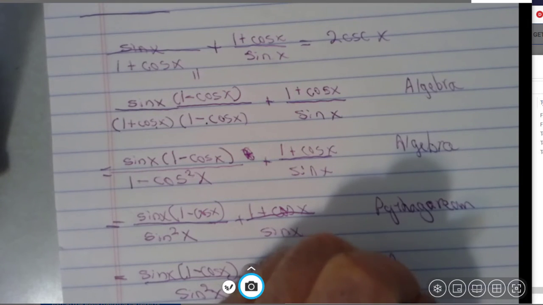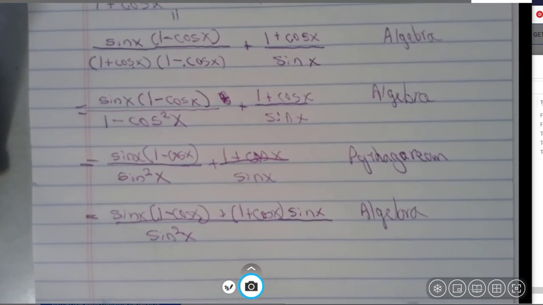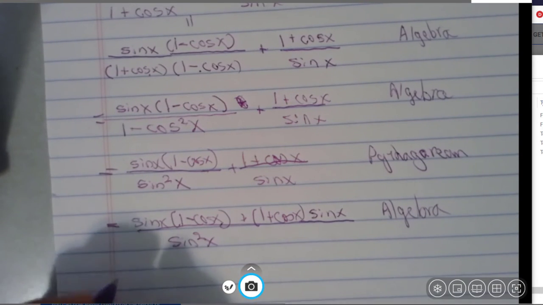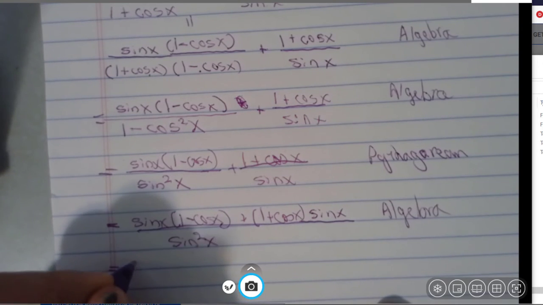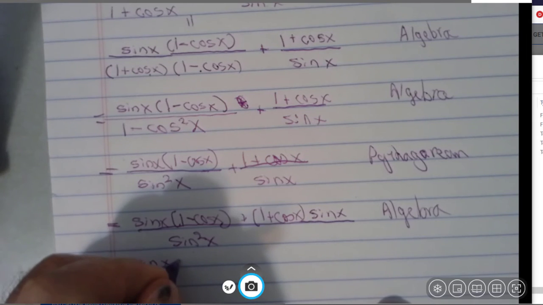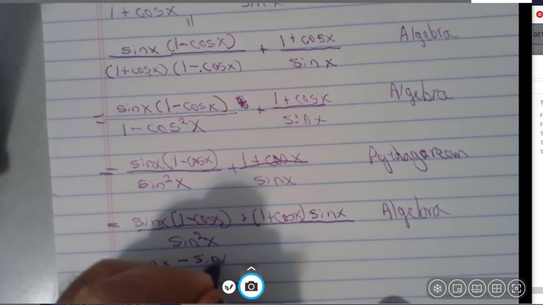And all I've done here is algebra. Okay, now we're going to use our algebra skills one more time. Sine of x times 1 is sine of x. Sine of x times cosine of x, well, notice the negative, and that'll be critical here.